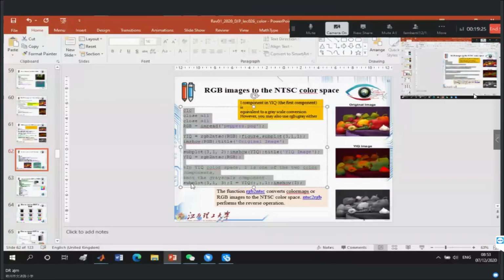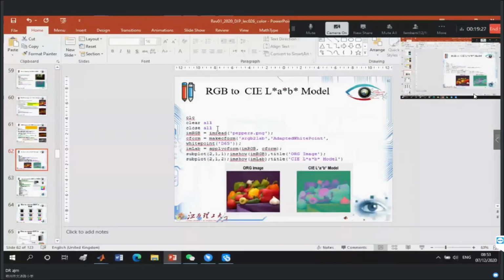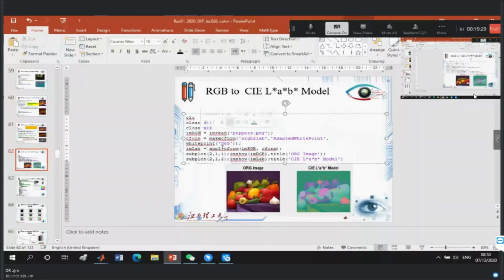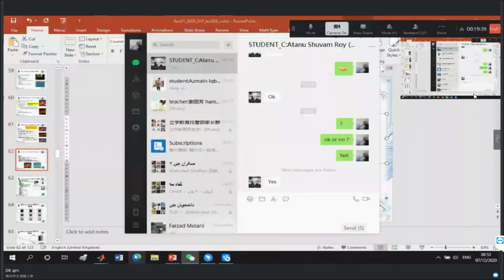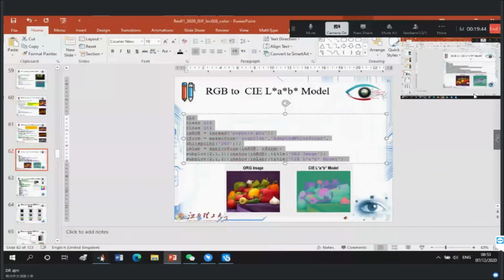Okay, and now RGB to CIE model, which we talked about at the initial part of today's lecture. Let me, yes.